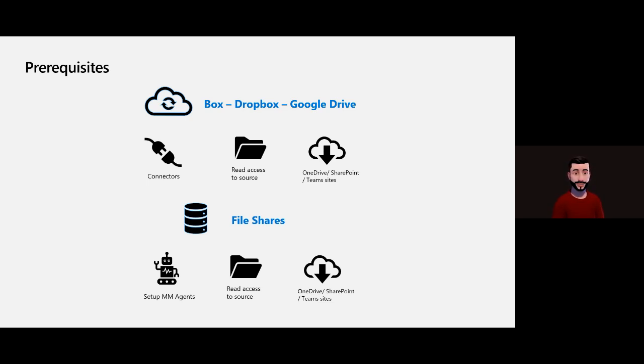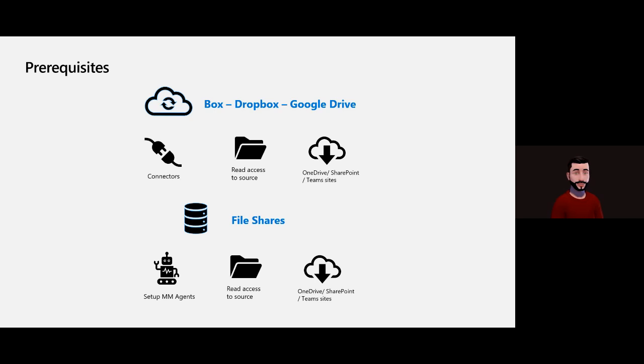Now, this Migration Manager agent requires two accounts. The first account will be an account that has at least read-only access to the file share or any shared drive that you plan to migrate, and then the cloud account, which is going to be, again, a SharePoint admin account, which is the recommended one, or a global administrator if you want to go down that path.